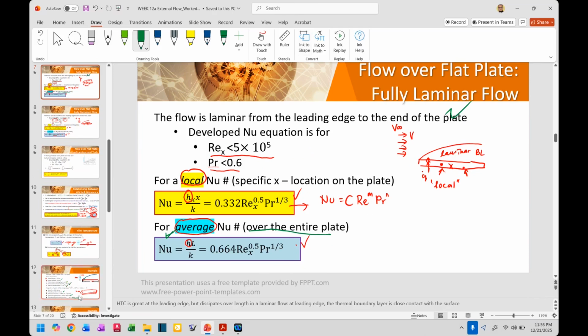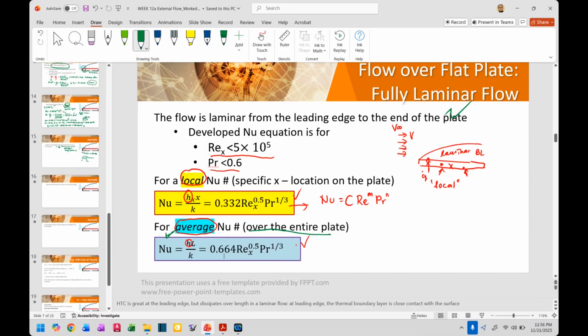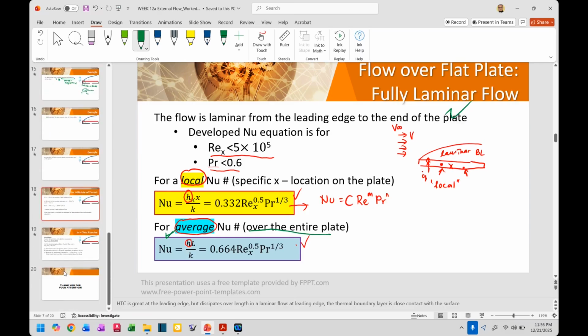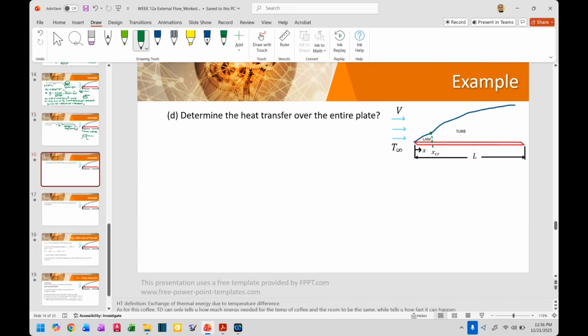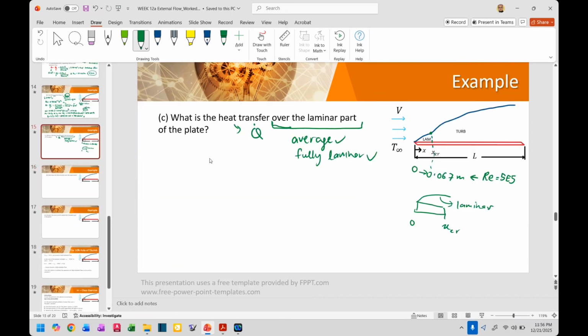Now, let's go with 0.664. If you notice, it is nothing more than the double of the yellow equation. You see? So, coming back to this question, your Nusselt number will be 0.332 times 2, which is 0.664, Reynolds number, Prandtl number 1/3.